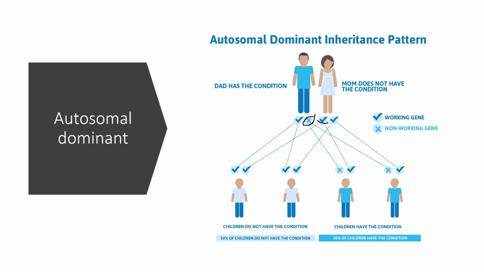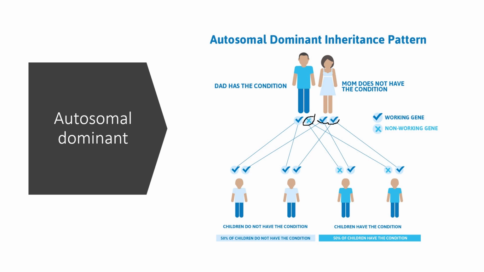In autosomal dominant, there is no such thing as a carrier. Either you have the disease or you don't. There is no carrier in an autosomal dominant disorder.